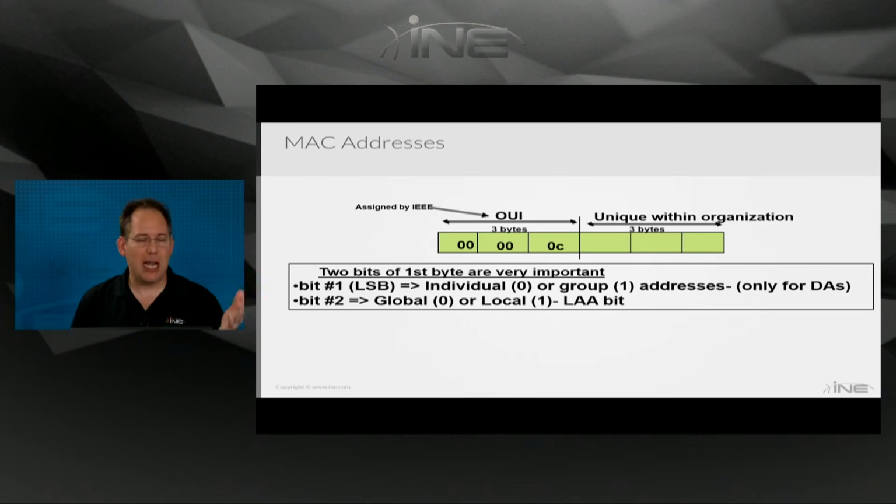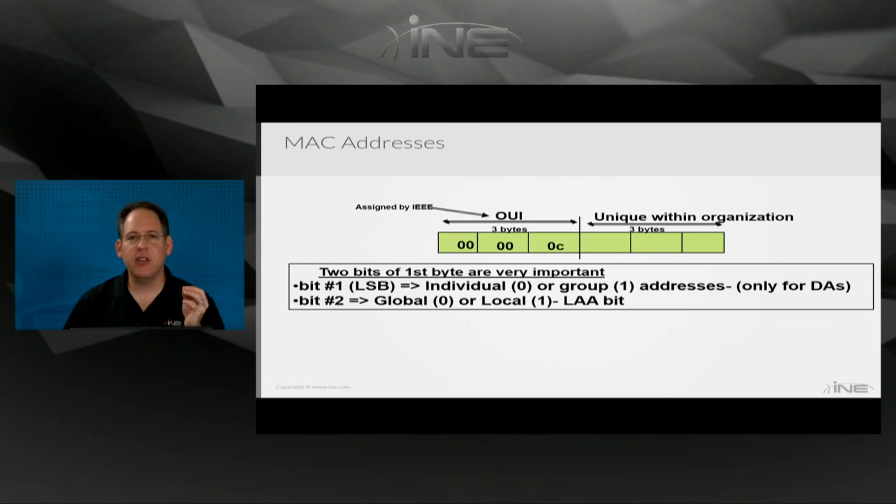So what would I do? Well, I would go to the IEEE and I'd pay them something like $500 American dollars or something like that. And once I pay them some money, they will give me an OUI. And now every single NIC card that I create in my machine shop will have my OUI at the front half. They will all have the same number. And then the second half of the address, as you can see here, will be unique.